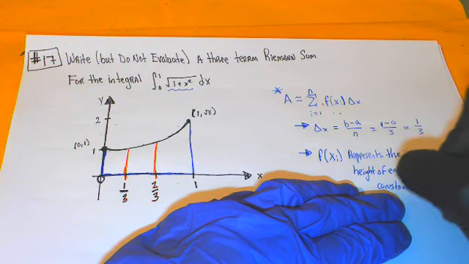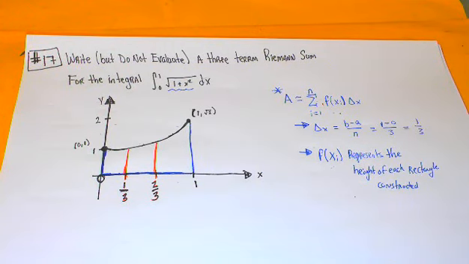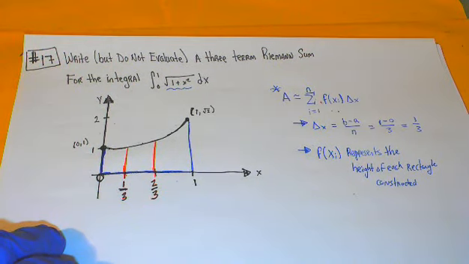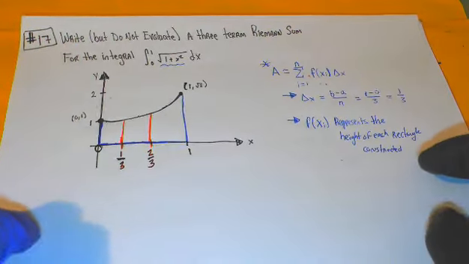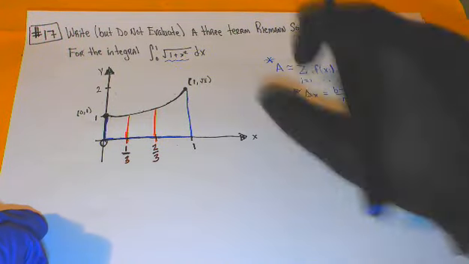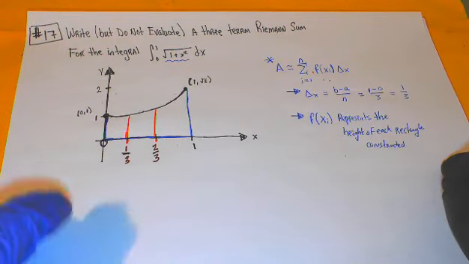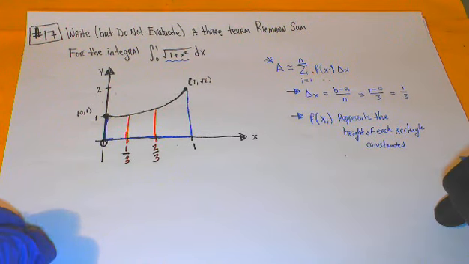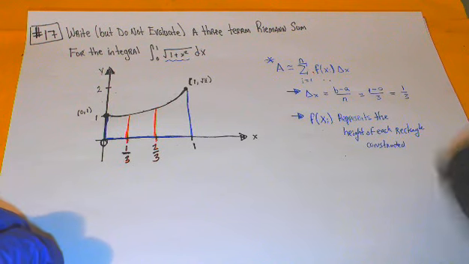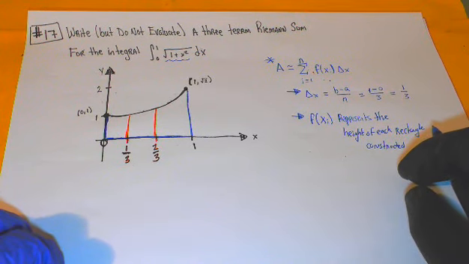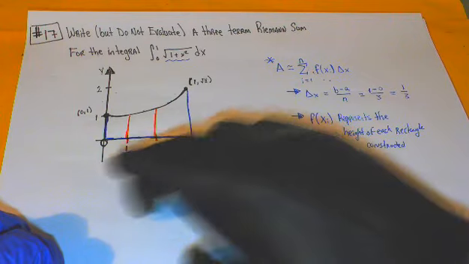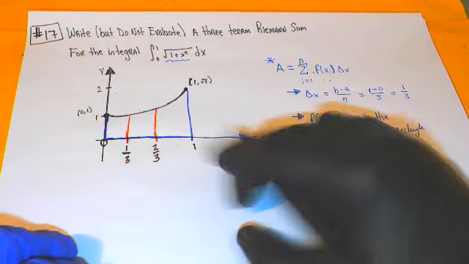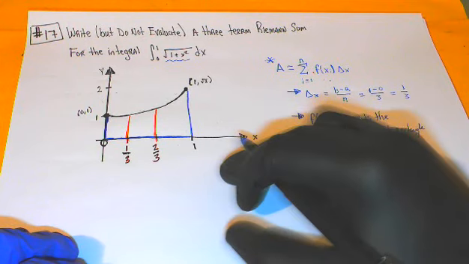If you want to figure out the height of each rectangle, then you can use the lower Riemann sums, the upper Riemann sums, or even the midpoint. In this case, I'm going to use the upper Riemann sums. You could have used lower if you wanted to, but I decided to use upper. If I'm going to use upper Riemann sums, then for each subinterval, from 0 to 1/3, 1/3 to 2/3, and then 2/3 to 1, I'm going to choose the highest value in each subinterval.